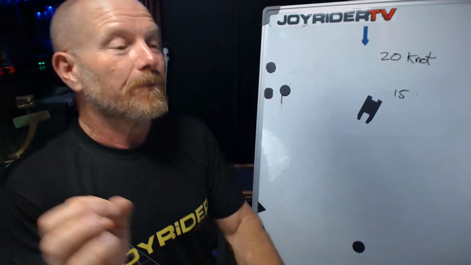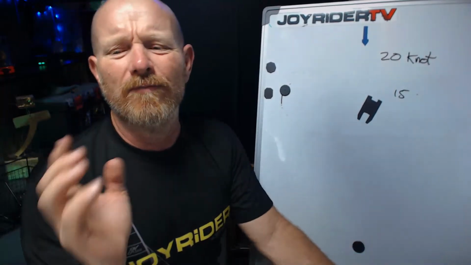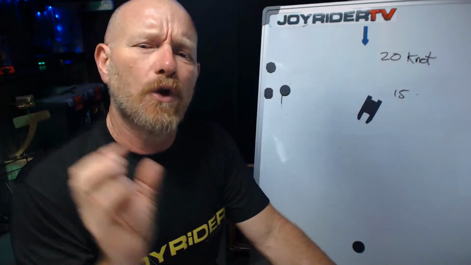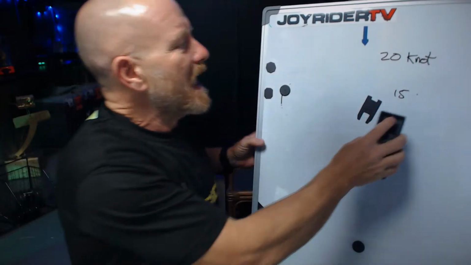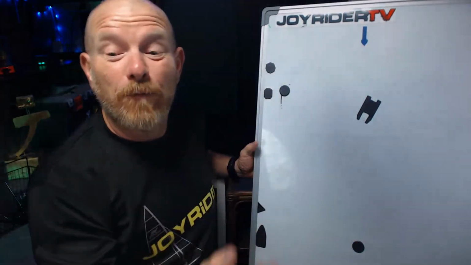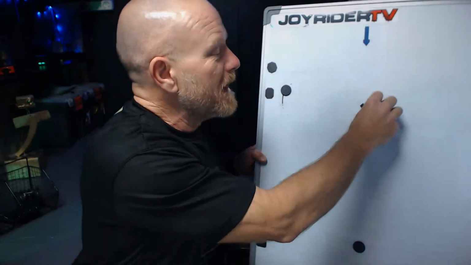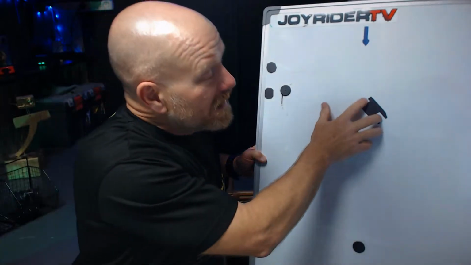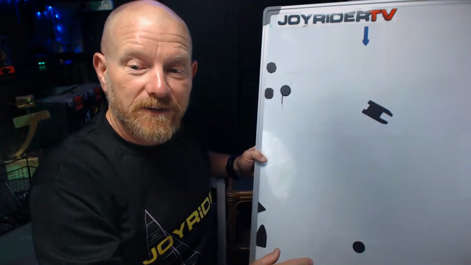But I think where the question is coming from is, a lot of the time it is seen that if we want to get more speed on the downwind, we need to turn more towards the wind.